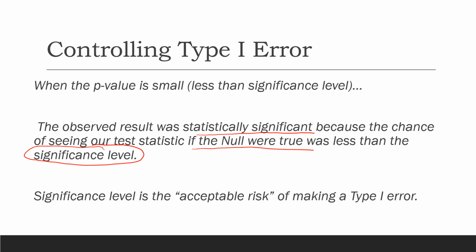If you think it would be especially bad to make a type 1 error because of what that would mean in context, then you may decide to use a slightly smaller level of significance. On the other hand, if you think that there's very little downside to making a type 1 error in your particular situation, you might decide to use a slightly larger level of significance.